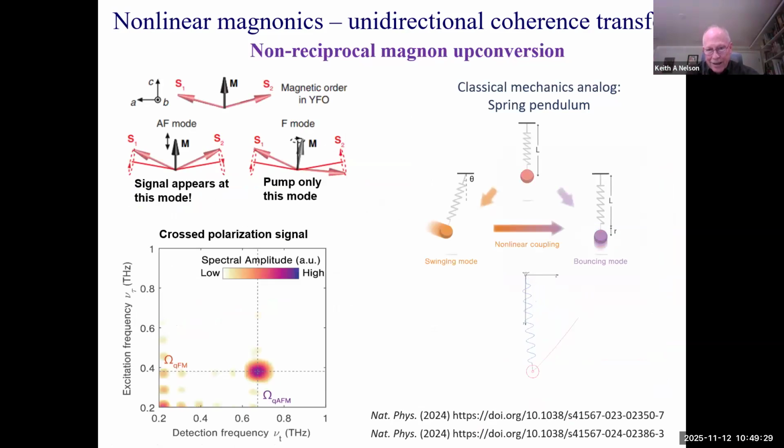What's happening is that when we drive that precessional mode, we are necessarily reducing the magnetization component along the original direction. And that means we must always be coupling to the amplitude mode because we're changing the magnetization magnitude in that direction. Right? That's what's happening.